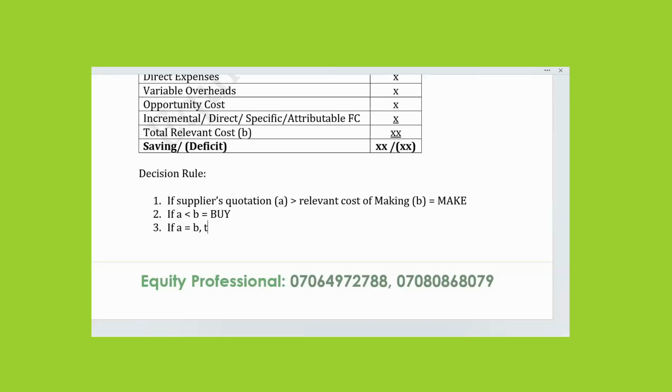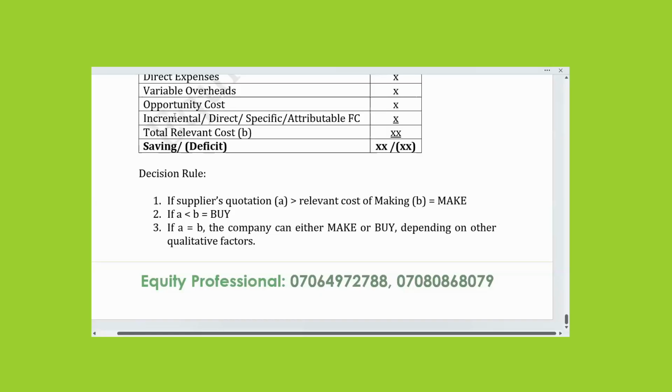The company can either make or buy, depending on other qualitative factors. So that's the decision rule.